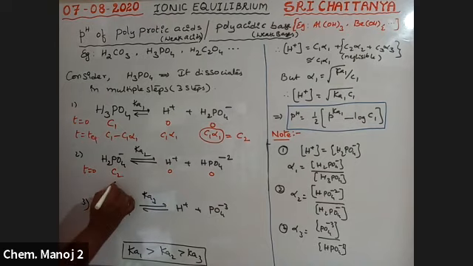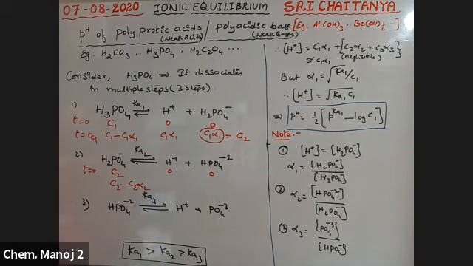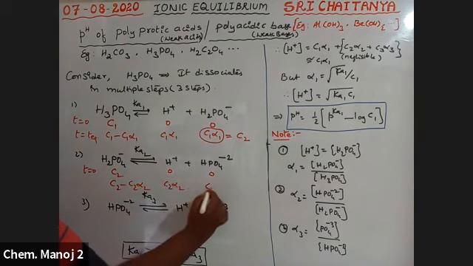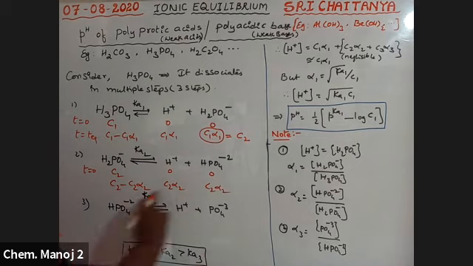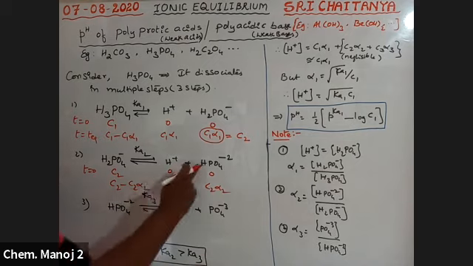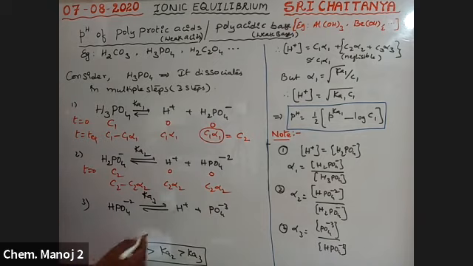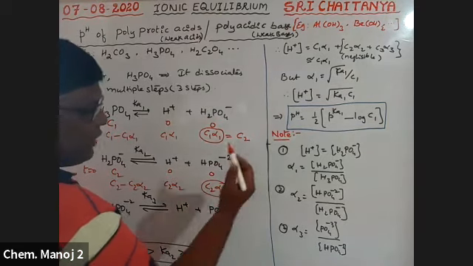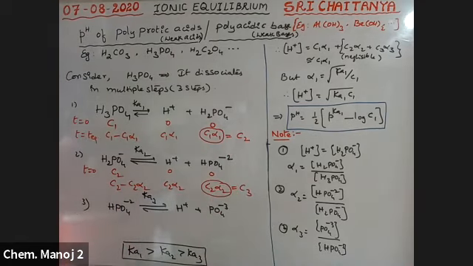Now for the second dissociation, alpha 2 is the degree of dissociation of this H2PO4-, so we get C2 alpha 2 of each product. This is the second case. Now this formed C2 alpha 2, which is taken as C3, is involved in the third step.